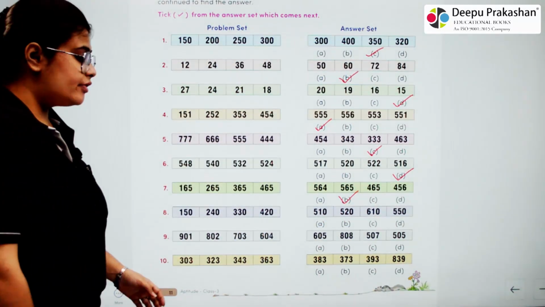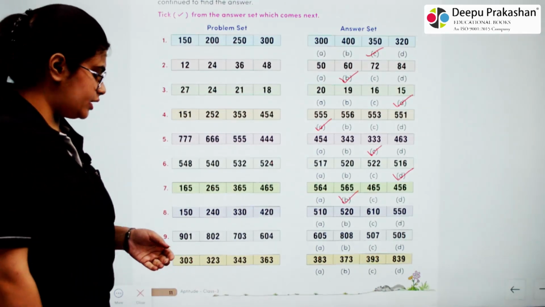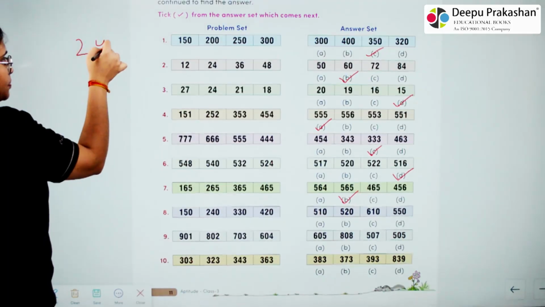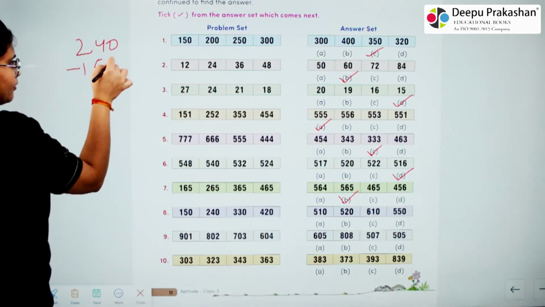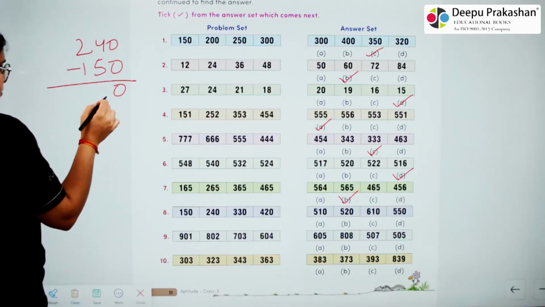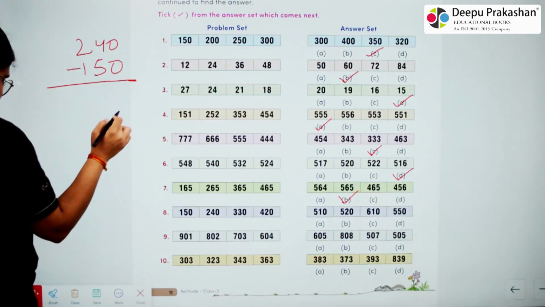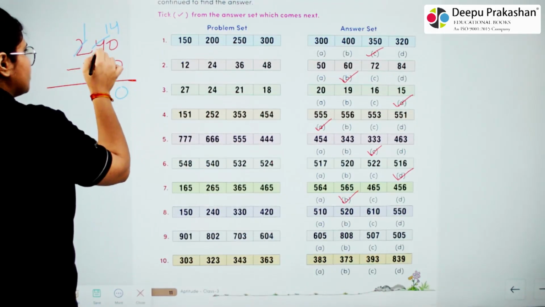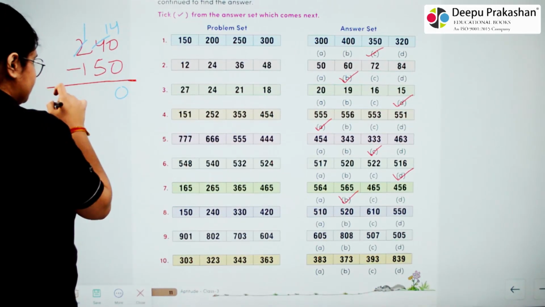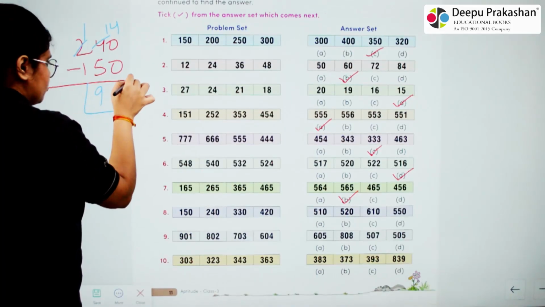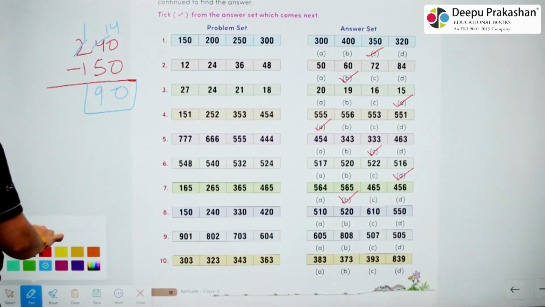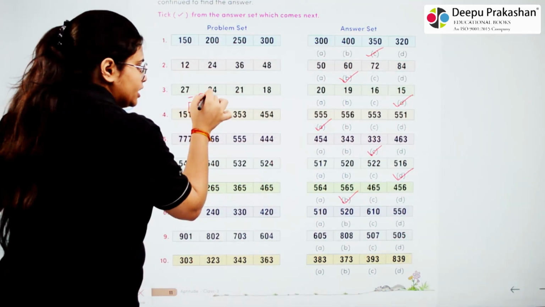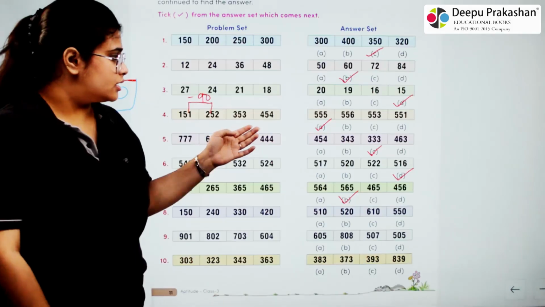Eighth, we are given 150, 240, 330, 420. That means if we subtract the first number from the second one, we will get the answer as 90.